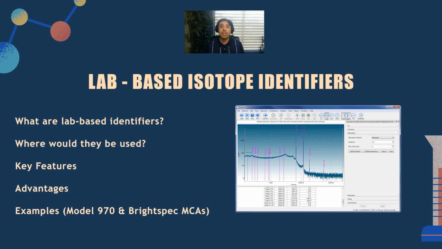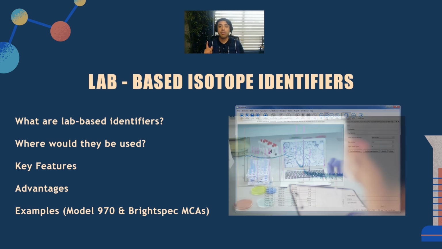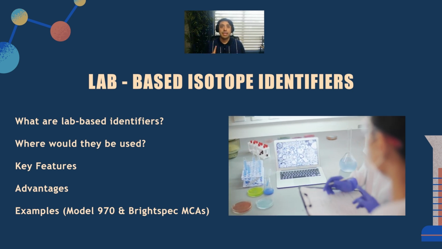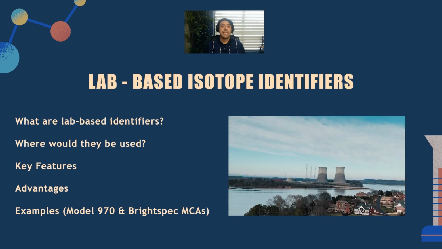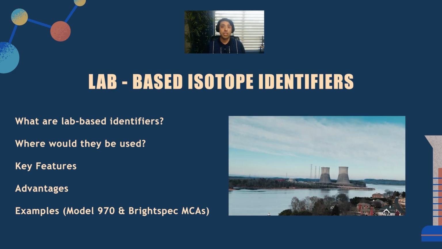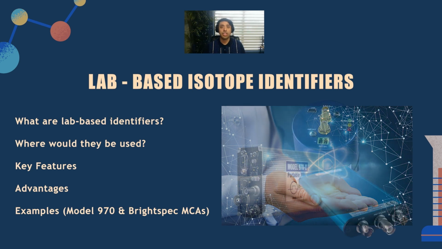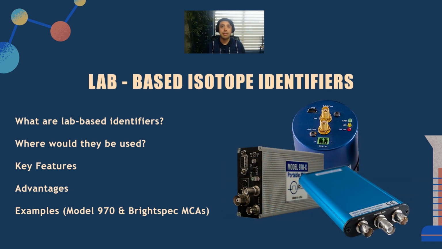They are the gold standard in applications ranging from forensic science to nuclear physics, environmental studies, and even advanced medical research. The precision of these instruments allows for the detection and analysis of isotopes at very low concentrations, making them indispensable in studies where detail matters.